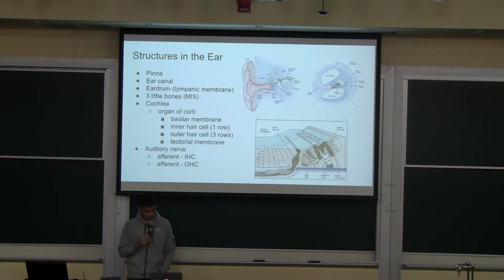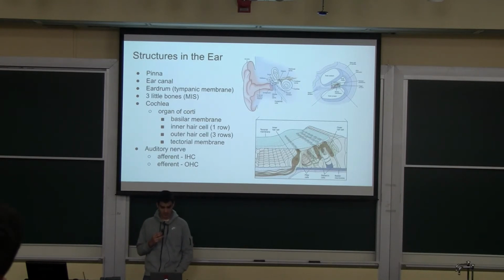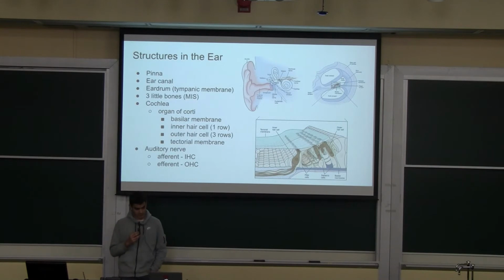I'm not going to go through all of the anatomy here, but I would know especially well the anatomy of the cochlea, specifically the arrangement of the frequencies along the basilar membrane and the arrangement of inner and outer hair cells. Definitely know the afferent and efferent information carried by either of them, or by both of them.